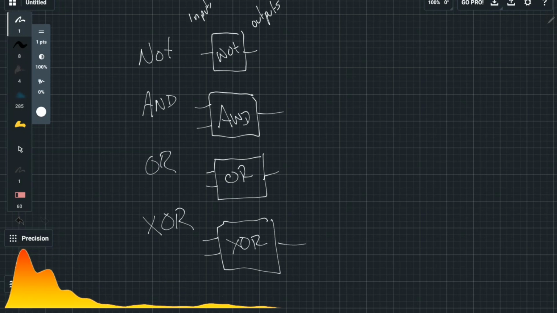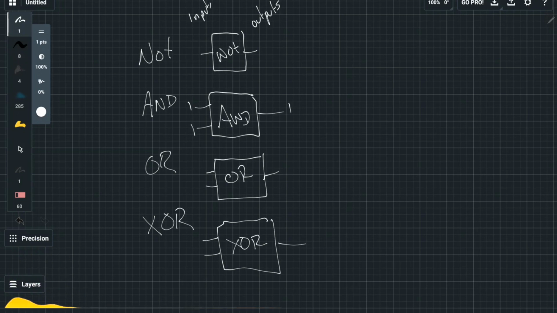So remember, for AND, if I put in a 1 and a 1, a true and a true on the inputs, the output will be 1. If I put in anything else on the inputs, the output will be 0. All right, so if I go and change this one to a 0, that output is 0.